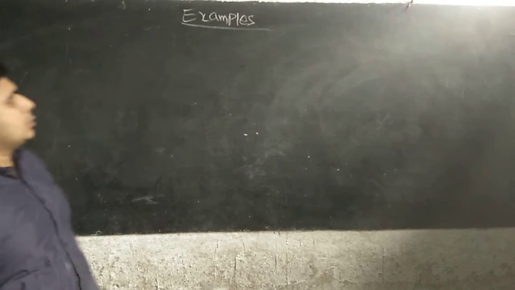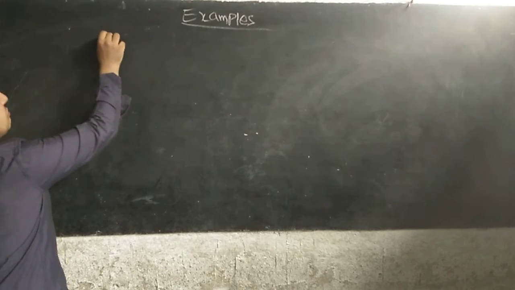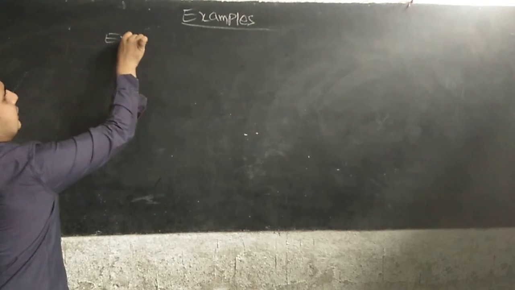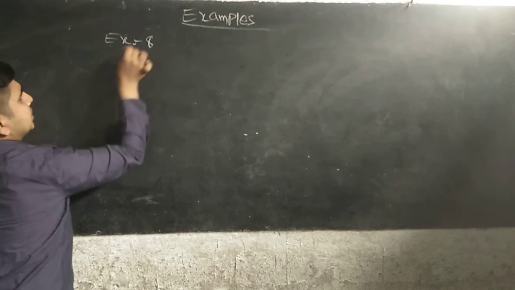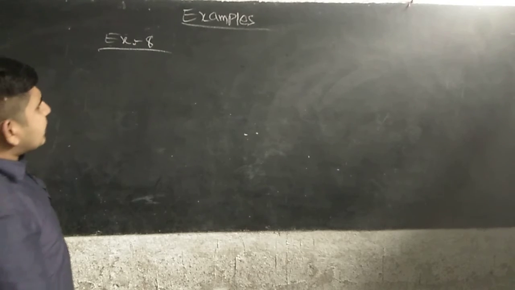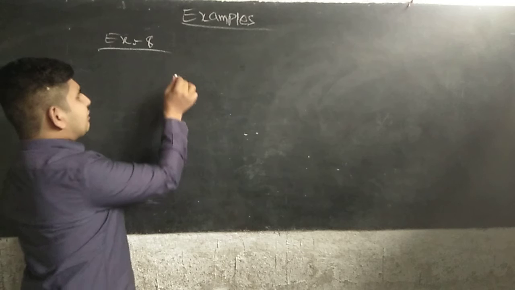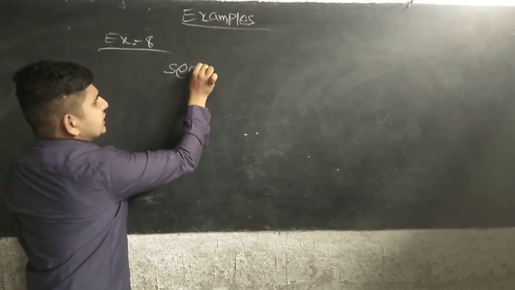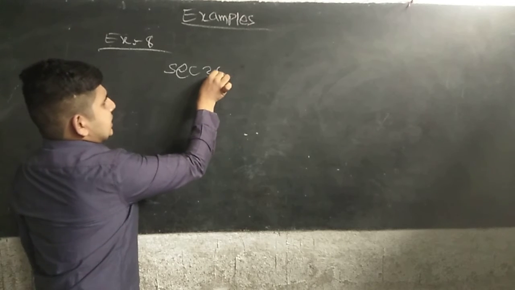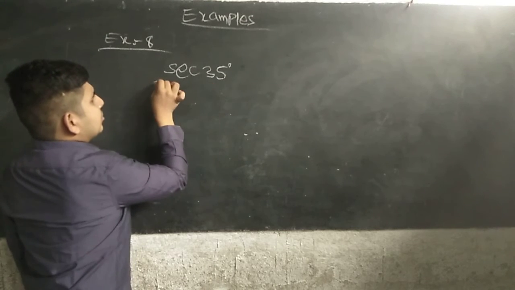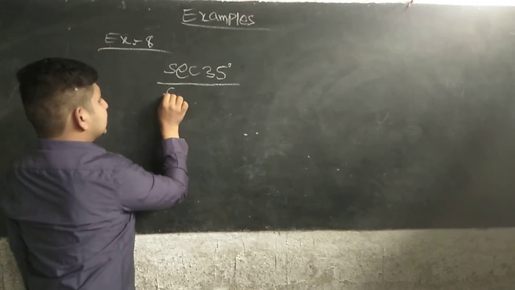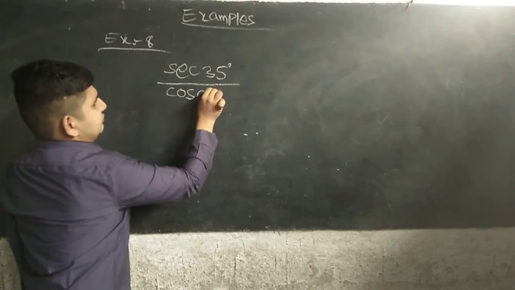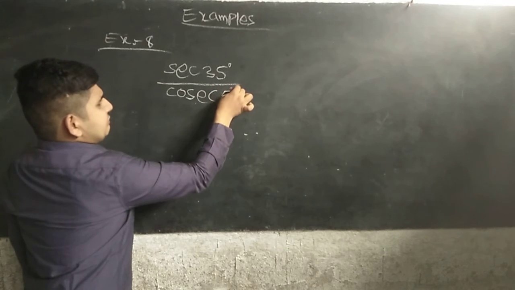Now see here, example number 8. Evaluate the following: sec 35 degrees by cosec 55 degrees.